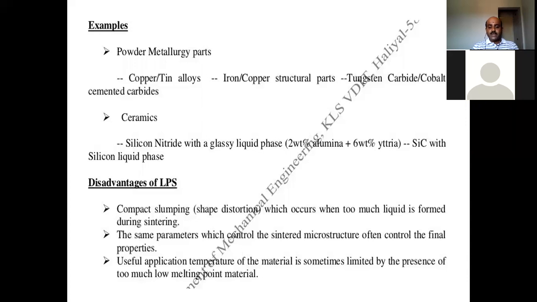The same parameters which control the desired microstructure often control the final properties also. The useful application temperature of the material is sometimes limited by the presence of too much low melting point material.